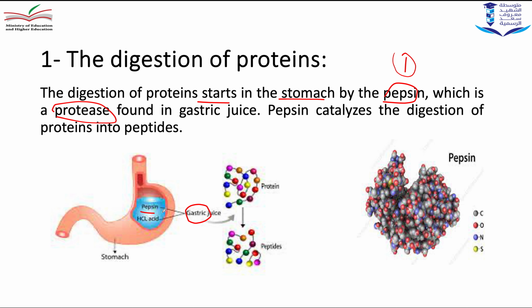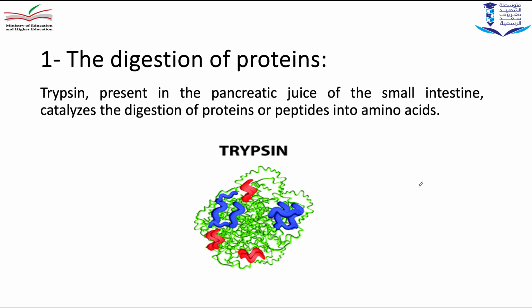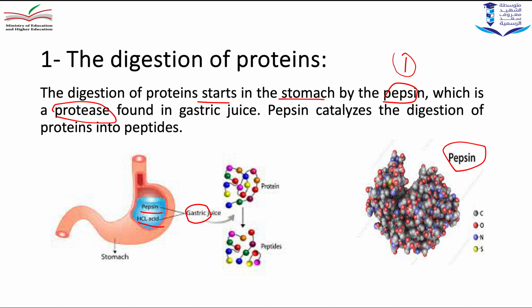Gastric juice contains pepsin and hydrochloric acid. Hydrochloric acid renders the chemical medium acidic and has many other functions. And here you can see the pepsin, which is an enzyme specific to digest proteins. Here you can see the action of pepsin. Pepsin is what makes this transformation from protein into peptides.